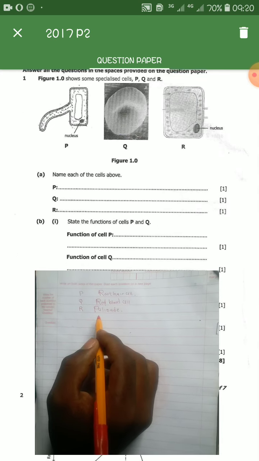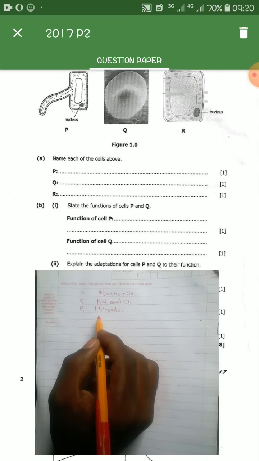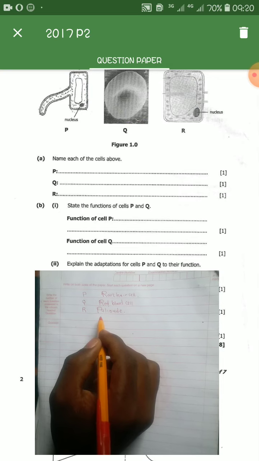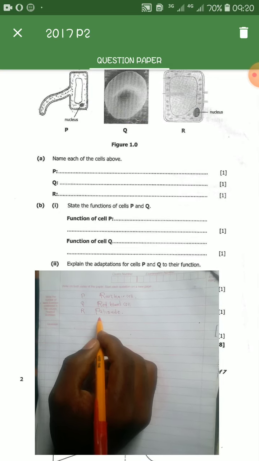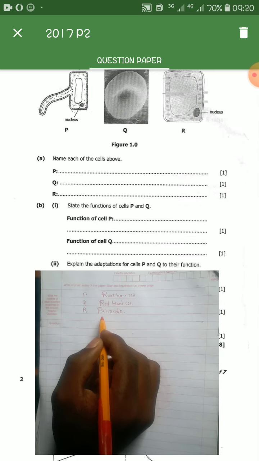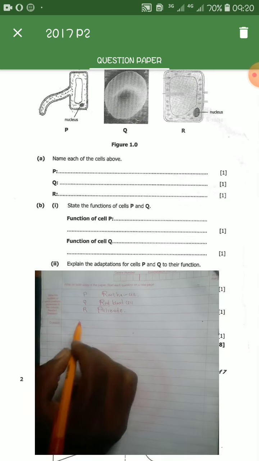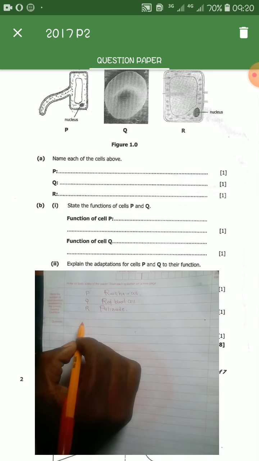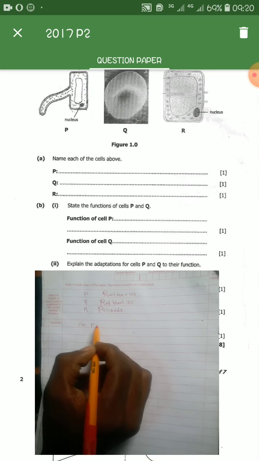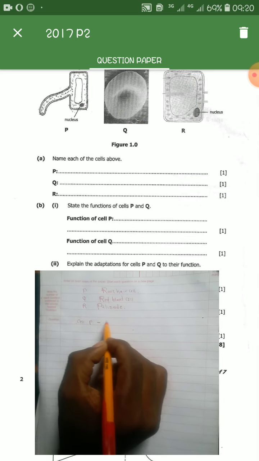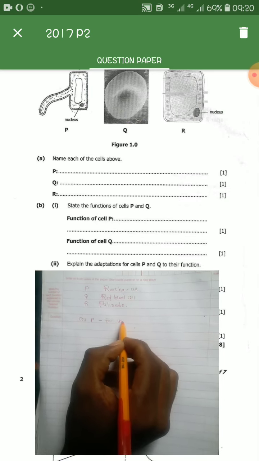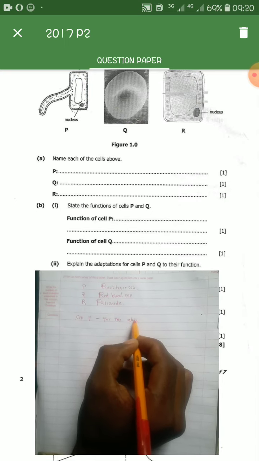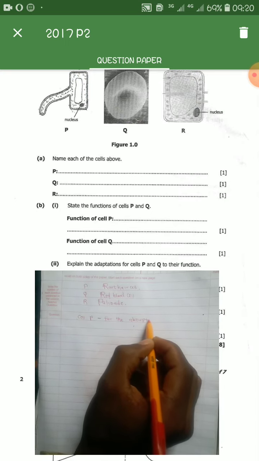Let's see question 2. State the function of cells P and Q. Which one is P? Root hair cell, and Q is the red blood cell. What's the function of cell P? It is for the absorption of water and mineral salt.